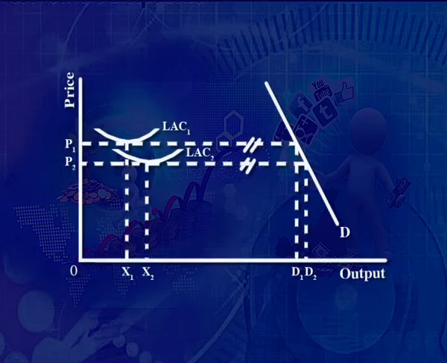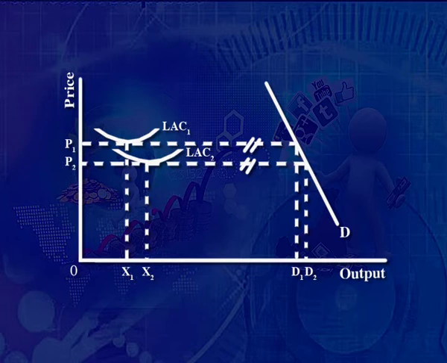The basic argument for this hypothesis comes from standard microeconomic theory. The figure here depicts the conventional U-shaped long run average cost curve LAC1 for a firm in a competitive industry. Scale economies operate up to the least cost or optimal scale of production X1 and then scale diseconomies immediately set in.